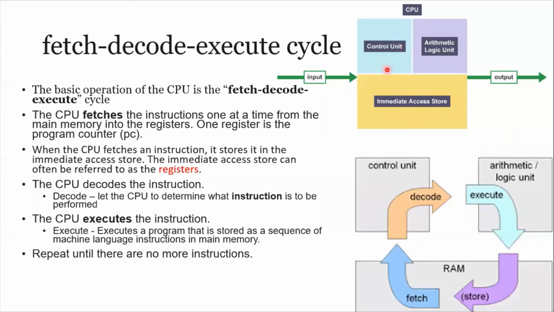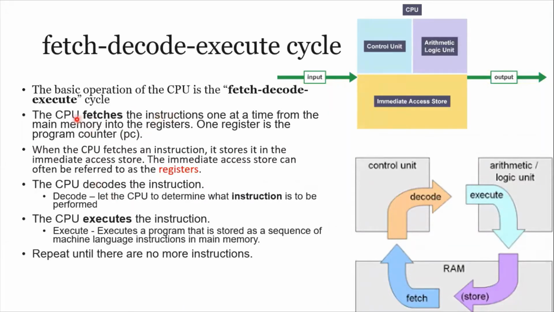This is the control unit, this is the ALU, right? Now this is the immediate storage. You can see this image very simply without a lot of words. This executes the process with the RAM storage, and there's a fetch also. It fetches and the control unit decodes the data, right?